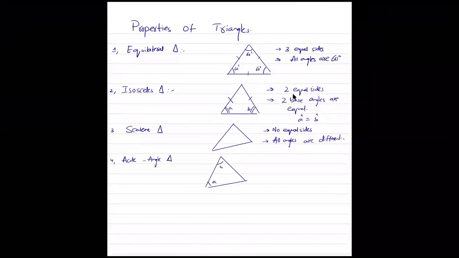A, B, C, all three angles are acute. Angle A must be less than 90, angle B must be less than 90, and angle C must also be less than 90 degrees.